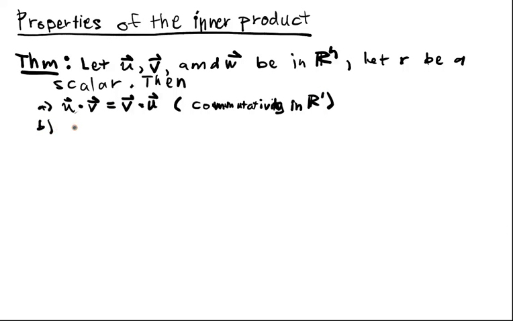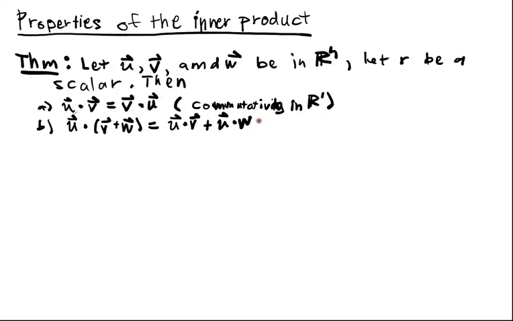So B, the next thing is that U dotted with V plus W is equal to U dotted with V plus U dotted with W. And we'll say that this is linearity, right? So whenever we can take a sum and pass it through another operation, we call that linearity.